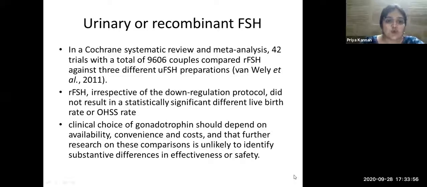The clinical choice of gonadotrophins should depend on the availability of the gonadotrophins, the convenience of the dosage, and the cost, and further research is definitely necessary in comparing whether you need to use urinary or recombinant or HMG.